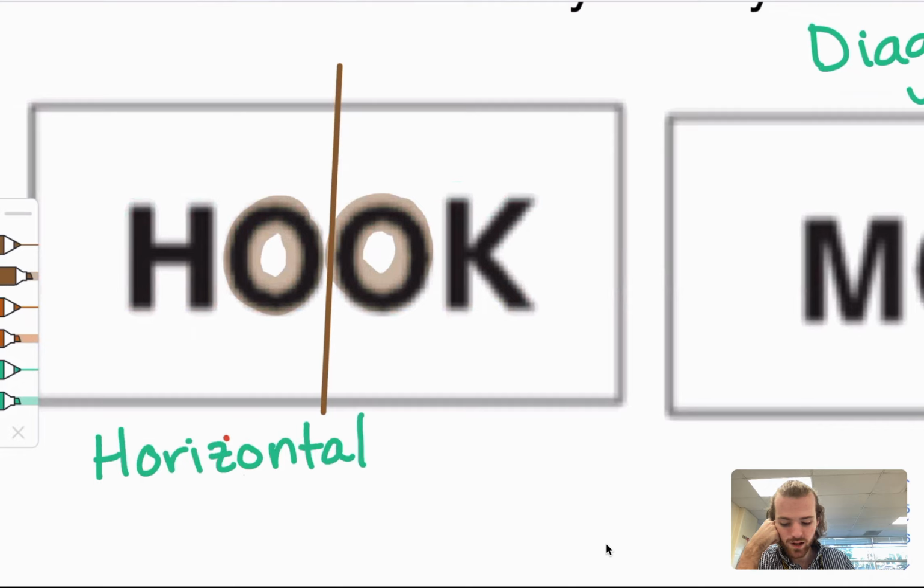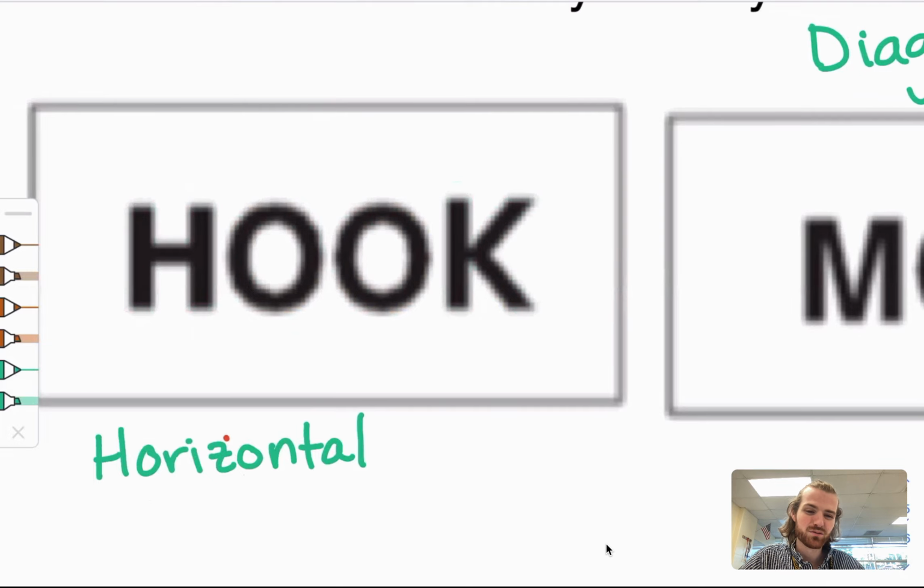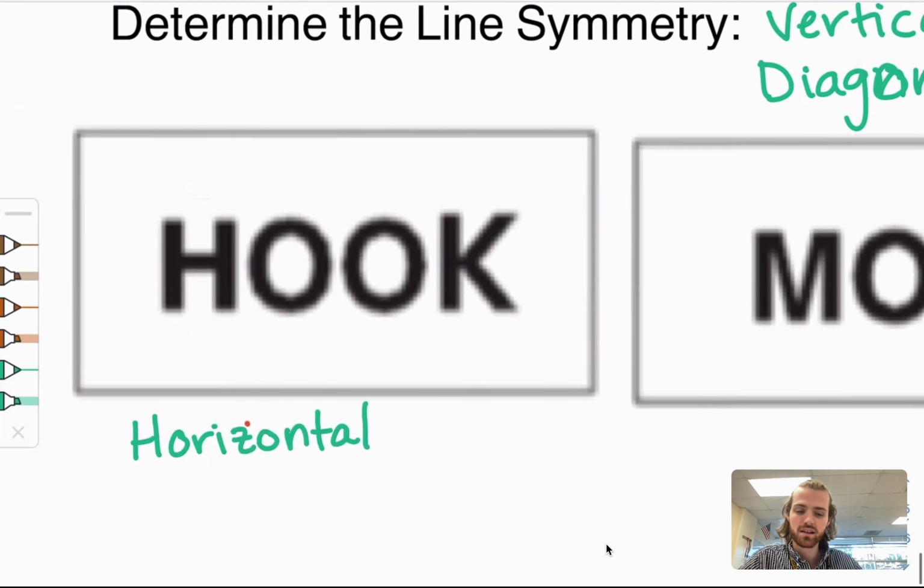But if I fold this H over, what's going to happen is that H is going to show up on top of that K, and we wouldn't have matching pictures. So we don't have vertical symmetry. When we look at this vertical line, that does not create symmetry. So here we just have horizontal. We could try diagonal, but it's not going to work.